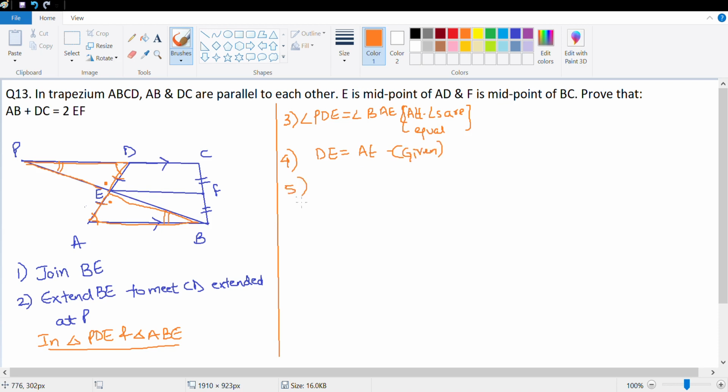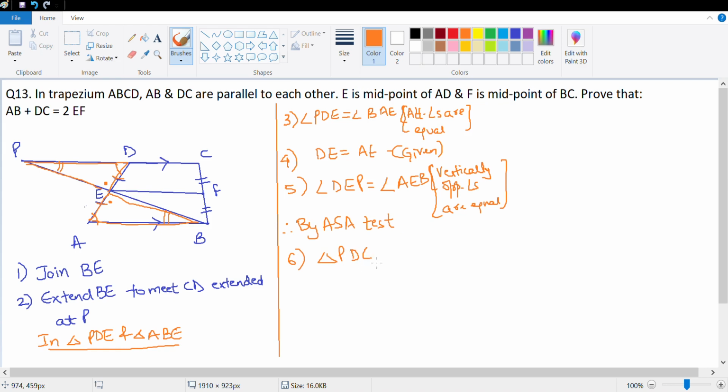And number 5, angle DEP will be equal to angle AEB. Why? Vertically opposite angles are equal. Done. So I've got these 3 points. Therefore, by the ASA test, number 6 would be triangle PDE is congruent to triangle BAE.